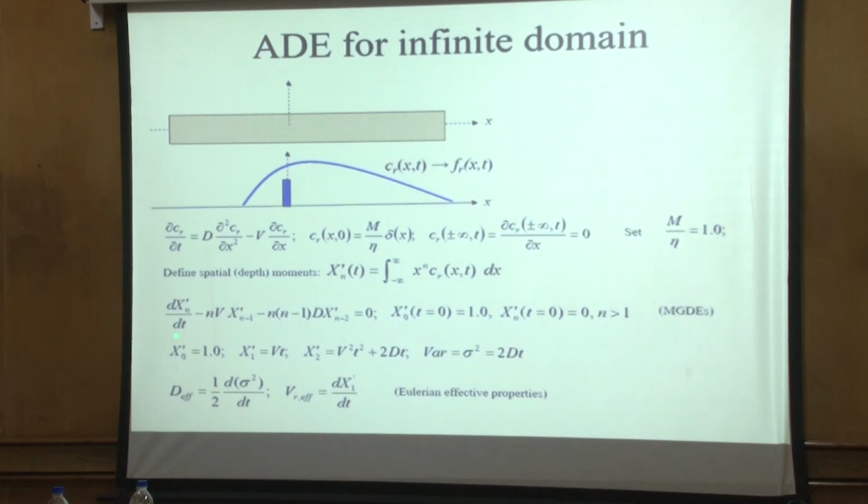1. If I set n equals 1, notice that I have this term, dx1/dt minus v times dx0/dt, because this is dx1, this becomes x0, this becomes 0. Okay. For n equals 1, this term is also 0.